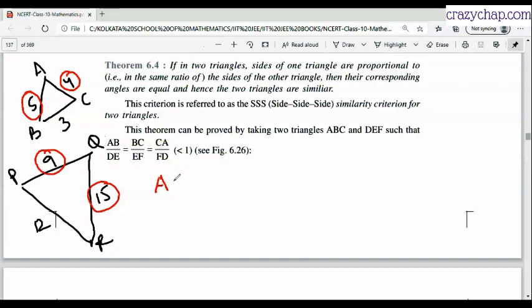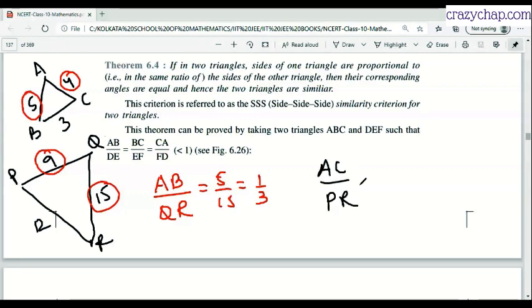When I am selecting side AB and side QR, what is the side ratio? 5:15, which is 1:3. When I am selecting side AC and side PR, what is the side ratio? 4:12 or 1:3.